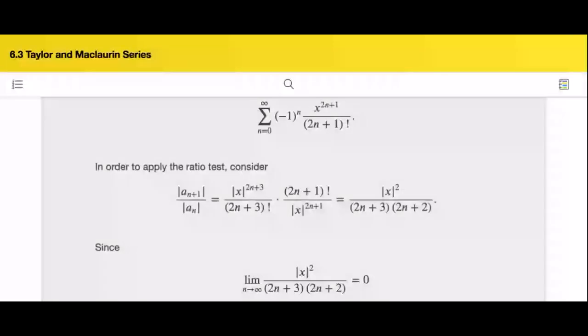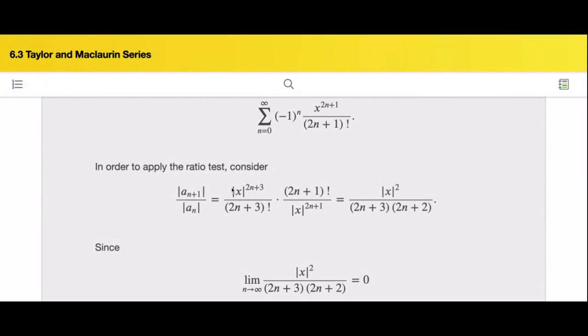The n plus 1 term is the absolute value of x raised to 2(n+1)+1. Well, 2 times n is 2n, 2 times 1 is 2, 2 plus 1 is 3. That's how we get 2n plus 3 here. And we also have (2(n+1)+1) factorial, which is 2n plus 3 factorial.